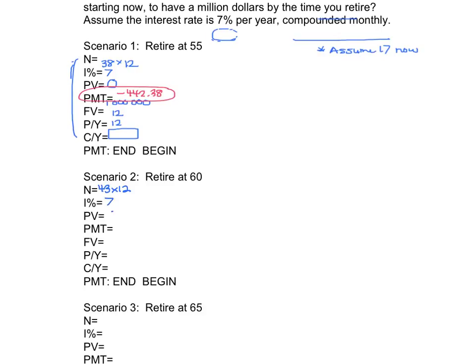Still 7%, still starting at 0, still trying to save $1 million, and none of these values here change either. Okay, scroll up to payment once again, press alpha, enter, and now you'll see the payment has reduced down to $305.24.